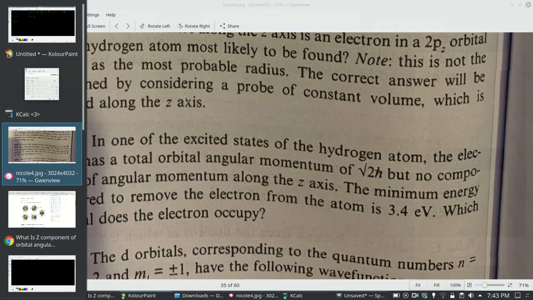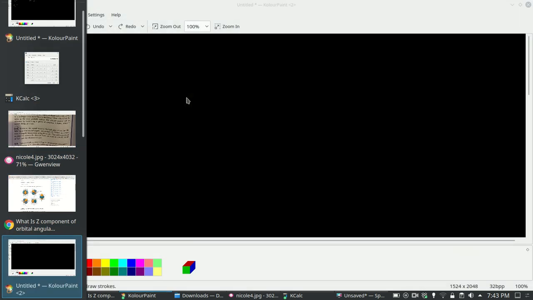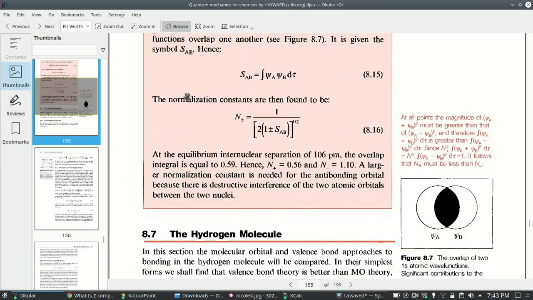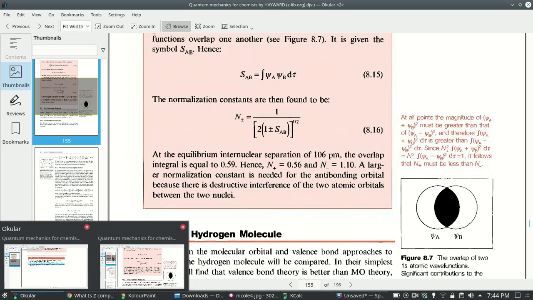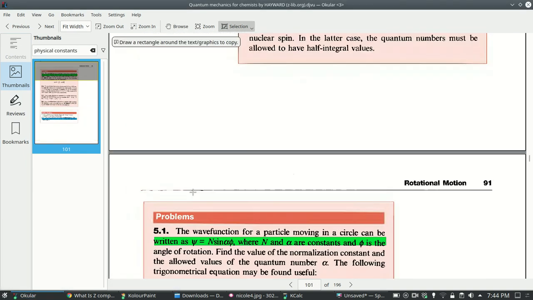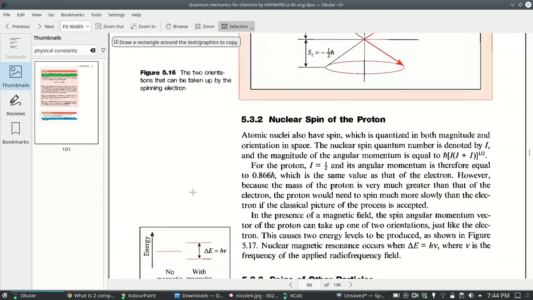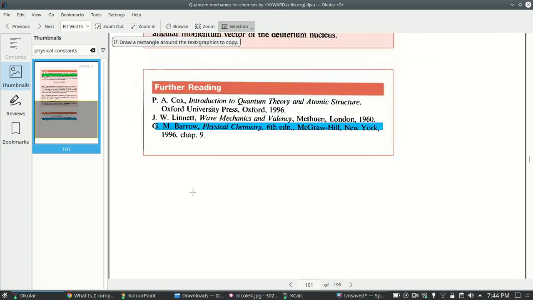So in your textbook, where's your textbook? Here we are. I think I have a different page of your textbook open already. Maybe this page? Is this what I want? Yes. So in your textbook, there is a nice little formula.